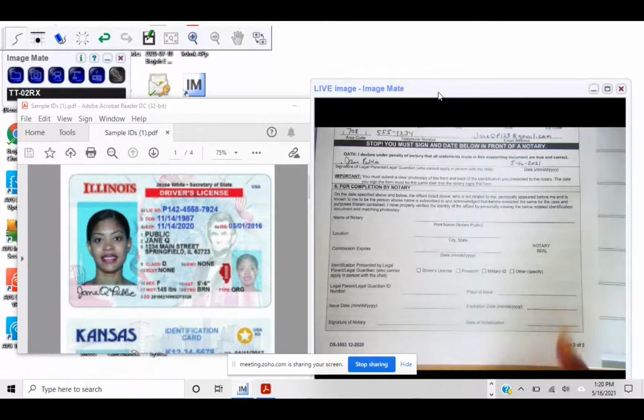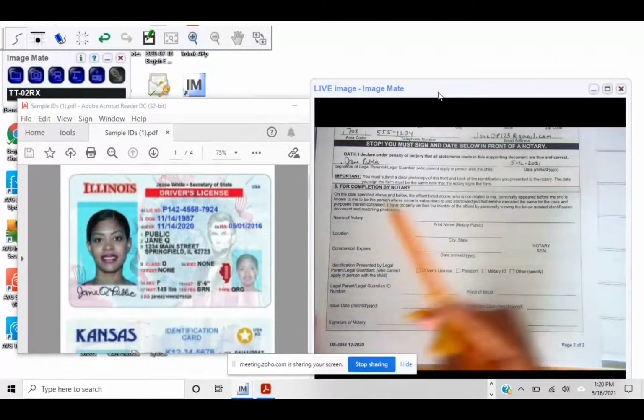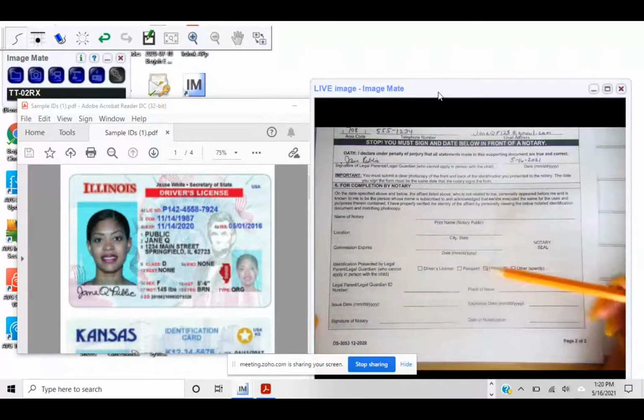But remember, you are only allowed to cross out your notarial wording. So be mindful of this. This whole gray box is not all of your notarial wording. You only want to cross out your notarial certificate. So that will be from here to here, because below here is her identification information.